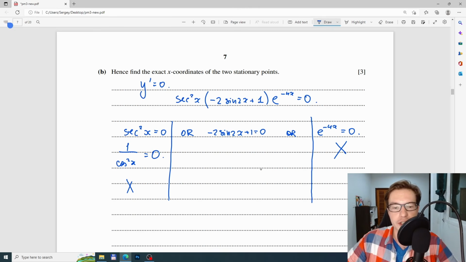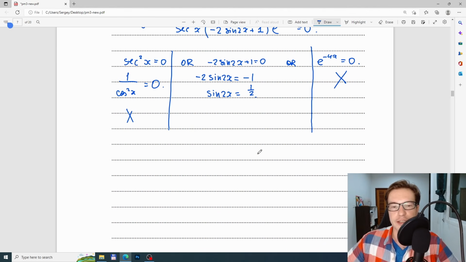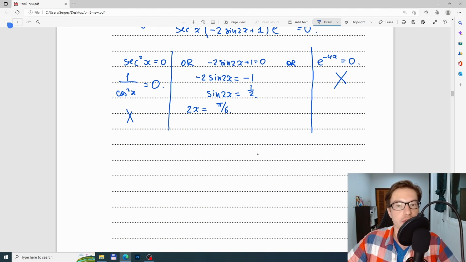Okay, so the one in the middle. Let's just rearrange it, and that will be minus 2 times sine 2x equals minus 1. Divide both sides by minus 2, and we'll get sine 2x equals a half. Now at this point, let's take the inverse sine of a half, and we'll get 2x equals pi over 6. And then, very important at this step, don't forget about the second value. 2x equals pi minus the first value, which is pi over 6.